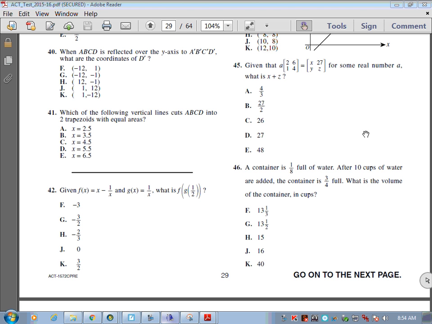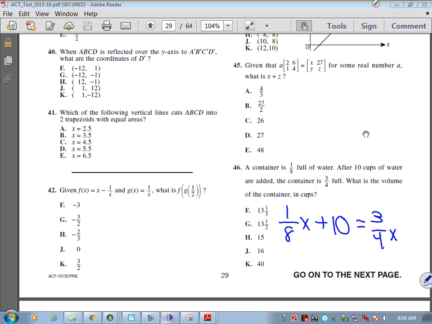So this is the equation I wrote. 1/8 of the container, but I don't know what it is. So I'm going to say that the container is x. So 1/8 of x, and because of is multiplication, I can write 1/8 x. And then I'm going to add 10 to it. And it's going to equal 3/4 of whatever the volume is. Okay? Well, that I can solve, right?